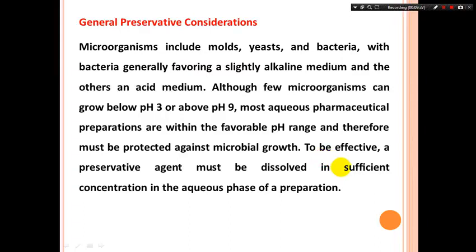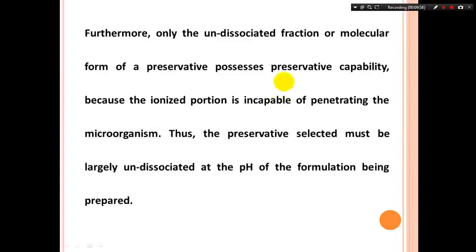The first consideration in choosing or selecting the preservative is that the preservative should be dissolved in sufficient concentration in the aqueous phase of the preparation.